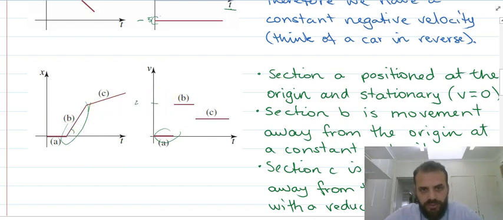So maybe we're moving at 4 meters per second, and then we abruptly slow down, 2 meters per second. Worth noting that this is fairly, I guess, unrealistic in a sense. You need some speed up or slow down time. Things don't just jump from one speed to another like that.